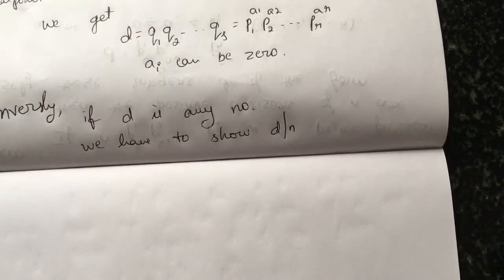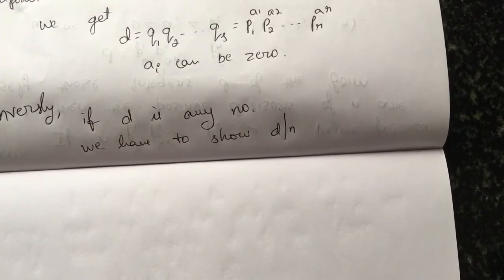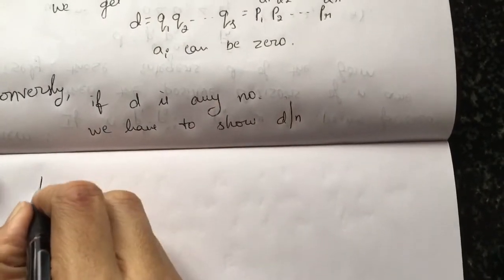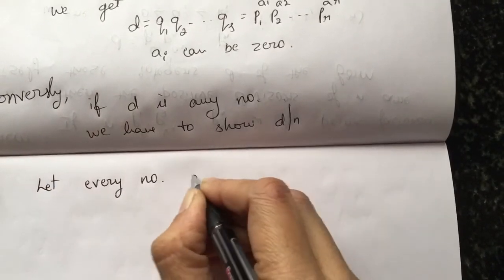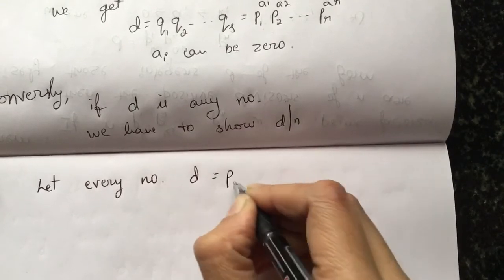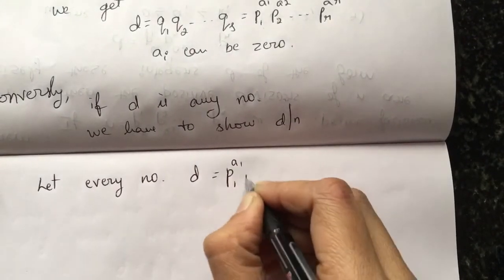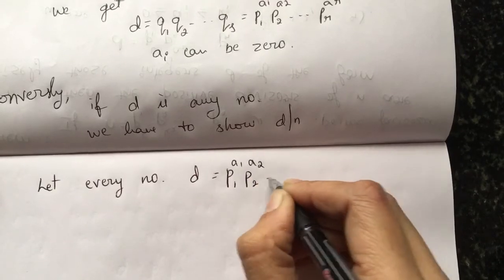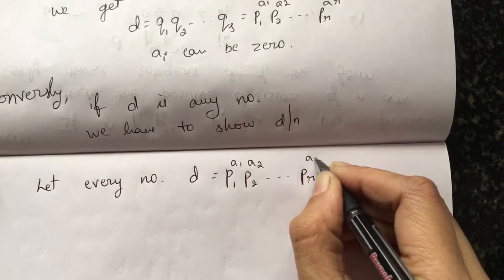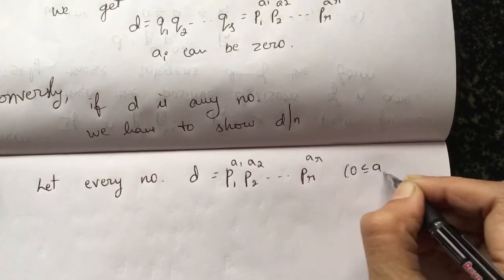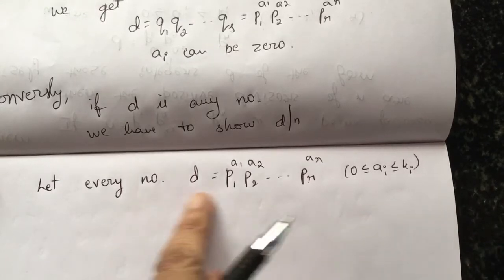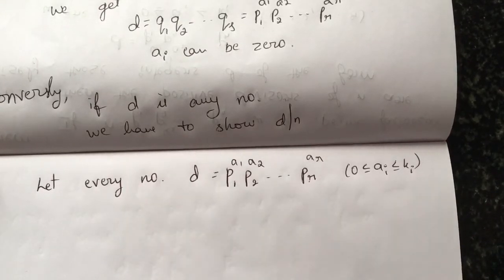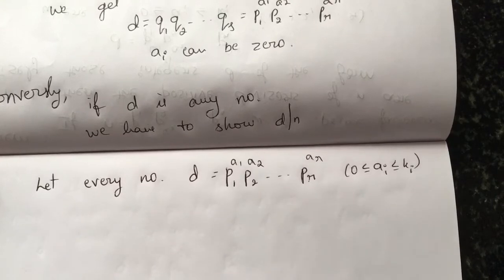For that sake, let every number d be expressed as p1 power a1 into p2 power a2 up to pr power ar, with 0 less than or equal to ai less than or equal to ki, and this is a divisor of n, that I have to show. I'm writing d like this.